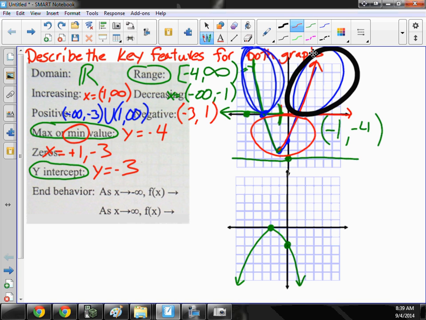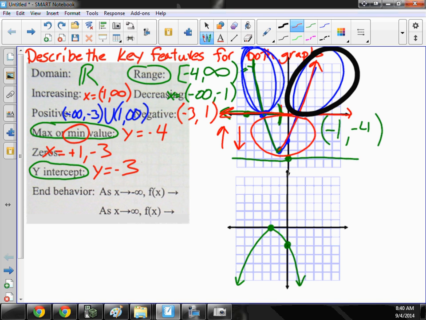Okay. Now end behavior. As x goes to negative infinity, which is on the left, what direction does the graph travel? Up or down? Up.